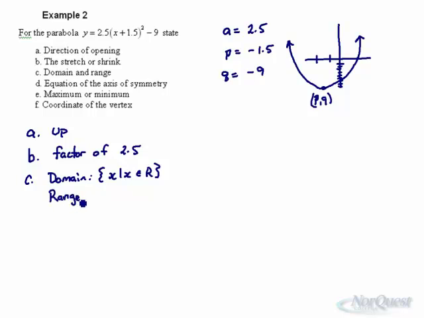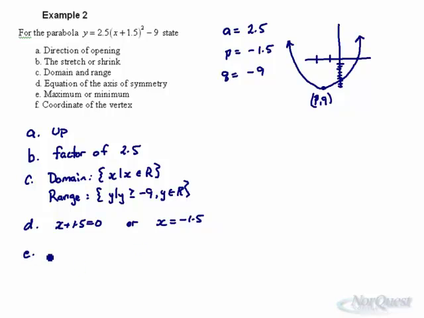The range in this graph, this is where the sketch helps. The lowest point of the graph is going to be negative 9. So it's y such that y is greater than or equal to negative 9. It's every value above, greater than that minimum. The axis of symmetry again is going to be whatever's in that brackets, x plus 1.5 equals 0, or x equals negative 1.5, whatever your p-value is.